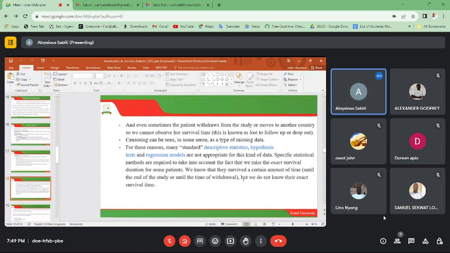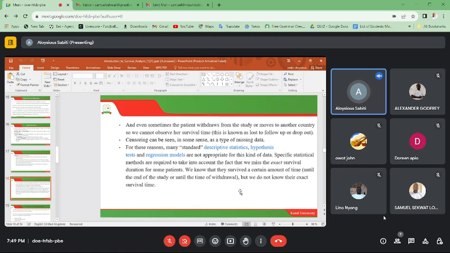For these reasons, many standard descriptive statistics, hypothesis tests, and regression models are not appropriate for this kind of data. Specific statistical methods are required to take into account the fact that we miss the exact survival duration for some patients.